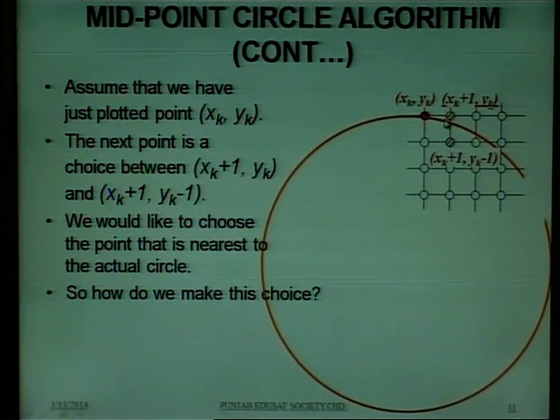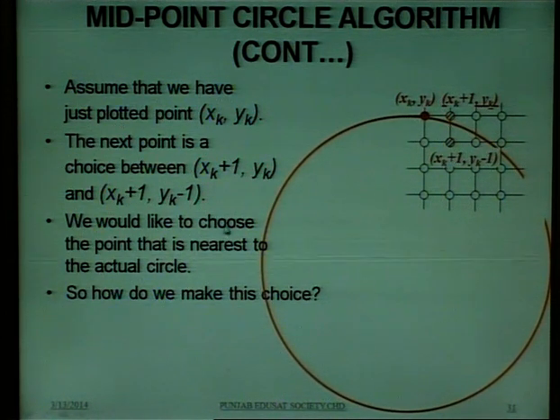If the pixel is lying above, the value of x is xk plus 1 and y is yk. And if it is lying below, the value of x is xk plus 1 and y is yk minus 1.